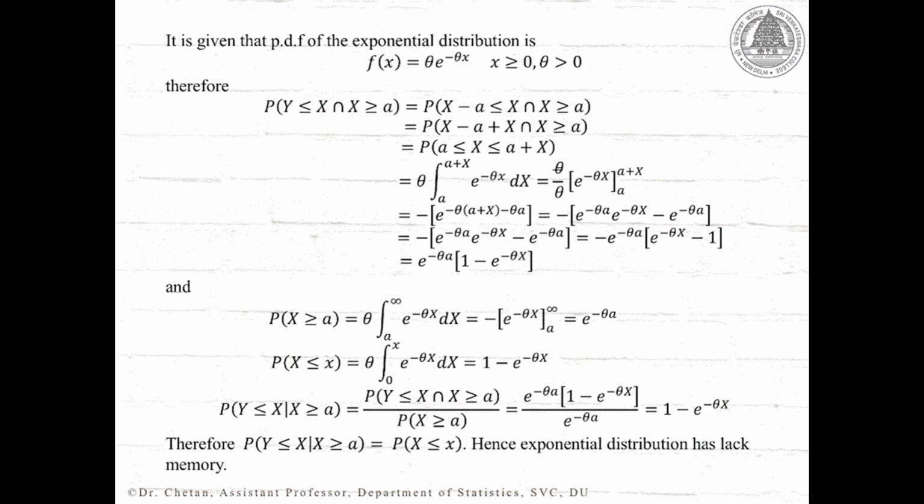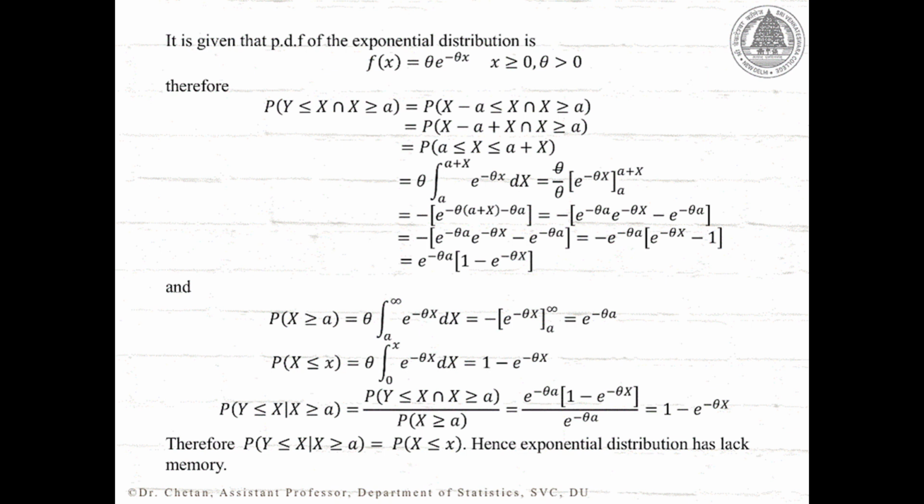Then we can write the probability of x less than or equal to a plus x intersection x greater than or equal to a, which is nothing but the probability that x is greater than or equal to a and less than or equal to a plus x. Now we can see that x lies between a and a plus x.